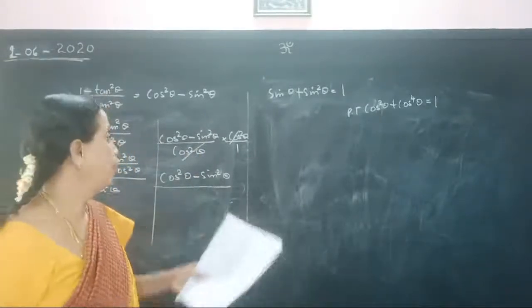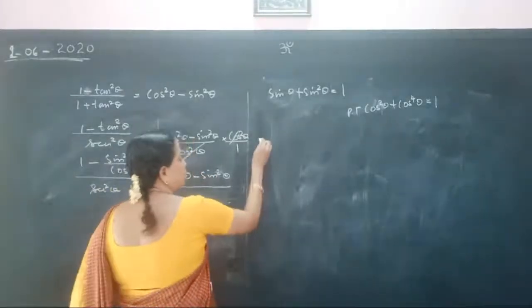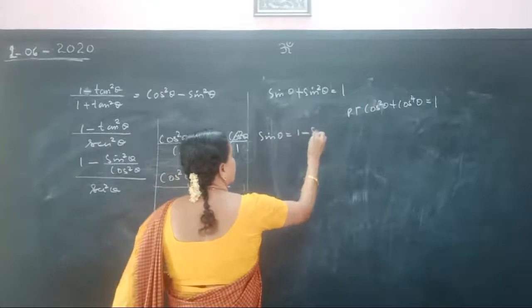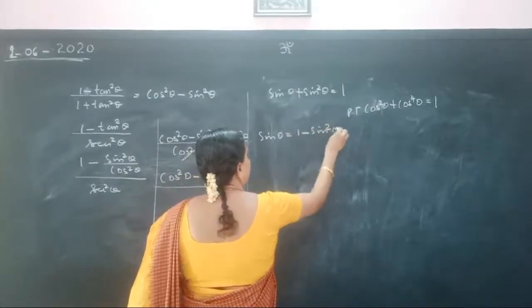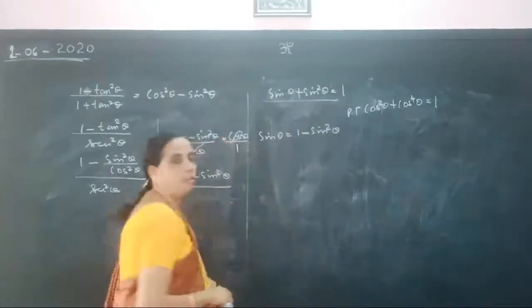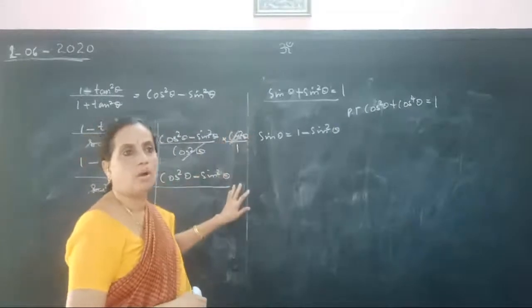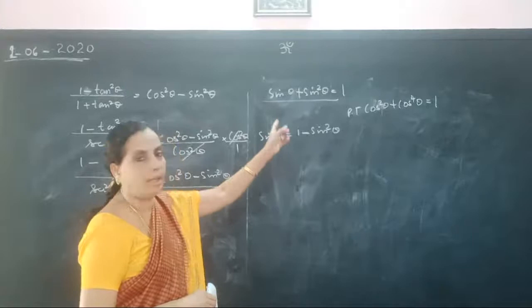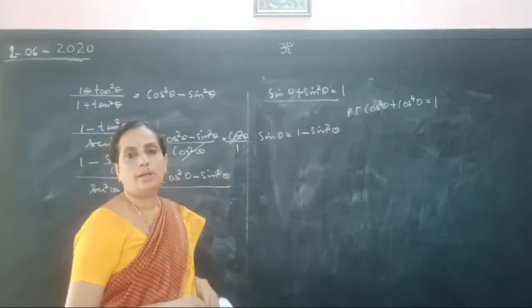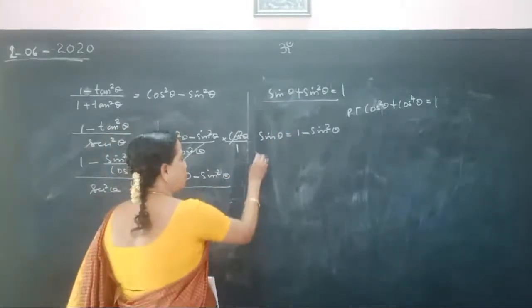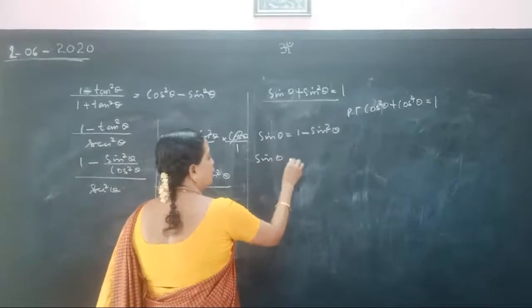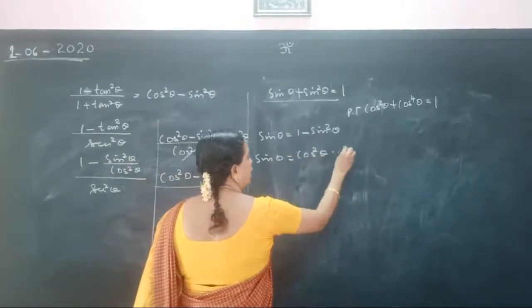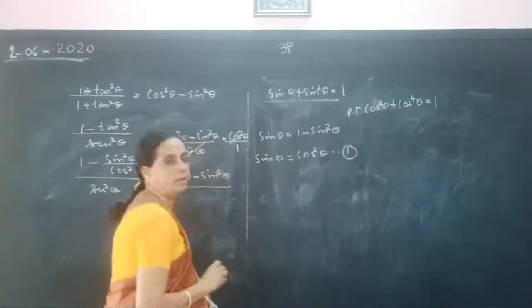So now, this can be taken as sin theta equals 1 minus sin square theta. This is the given condition. From the given condition, we got the value of sin theta: sin theta equals 1 minus sin square theta. What is 1 minus sin square theta? It is cos square theta. So this is the condition we got from the given condition.